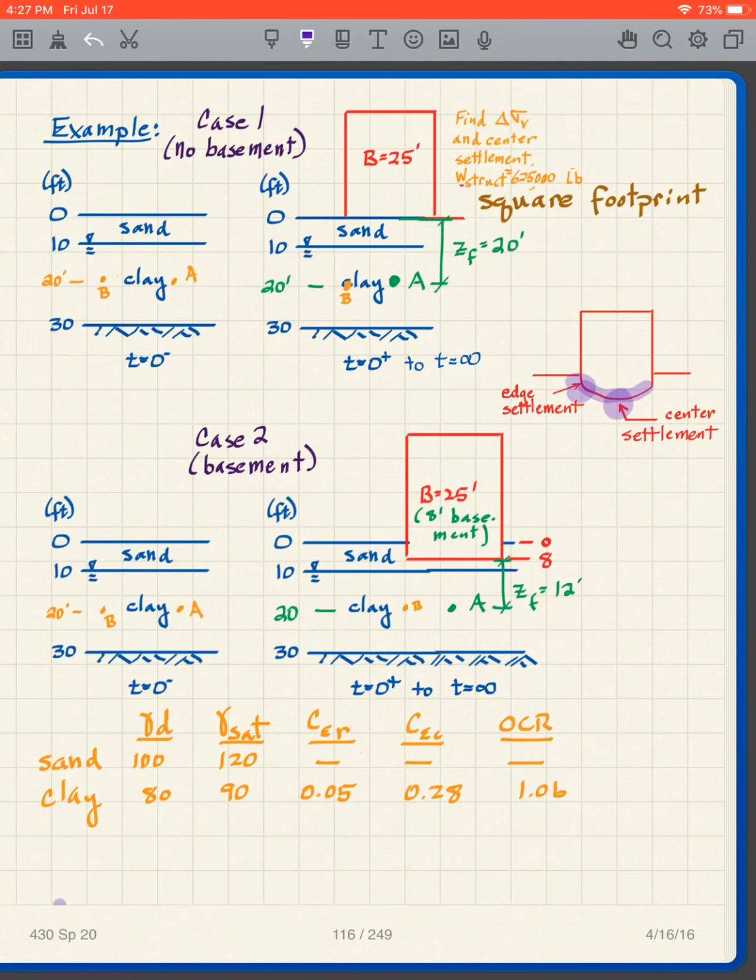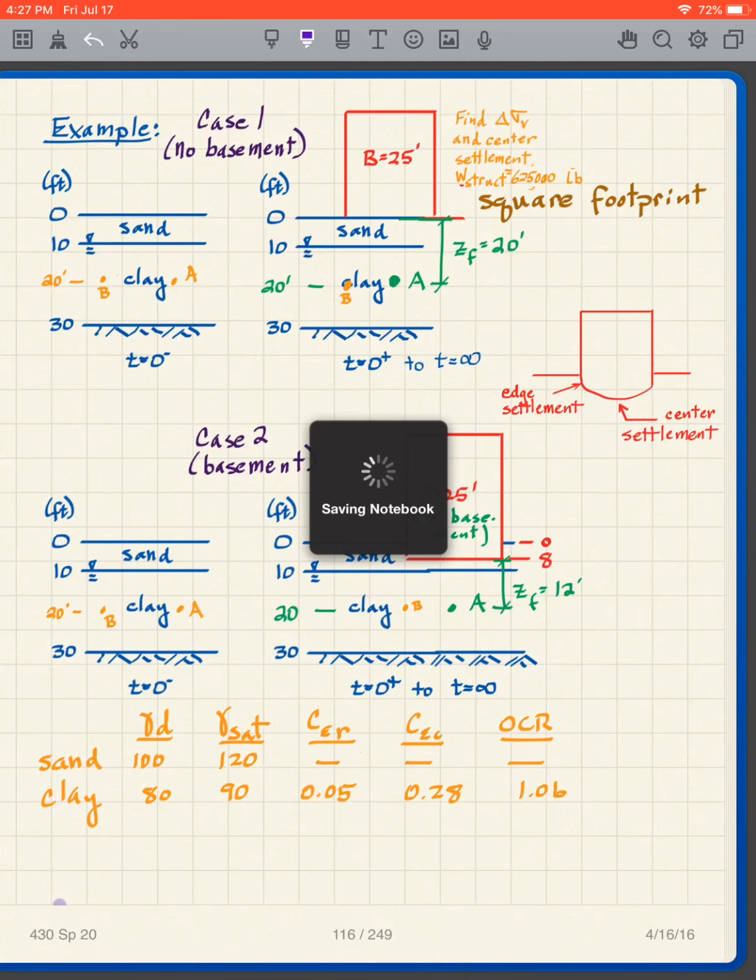The reason is primarily that the stresses beneath the center are greater than the stresses beneath the edge. So I want to work exactly this problem for these two cases, and figure out what the edge settlement is.